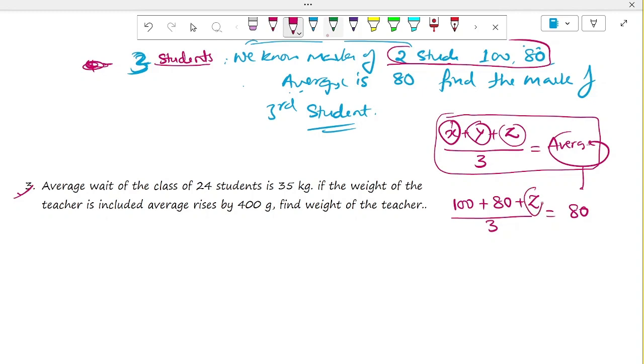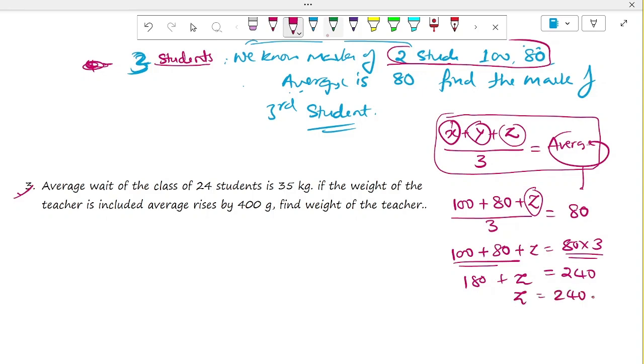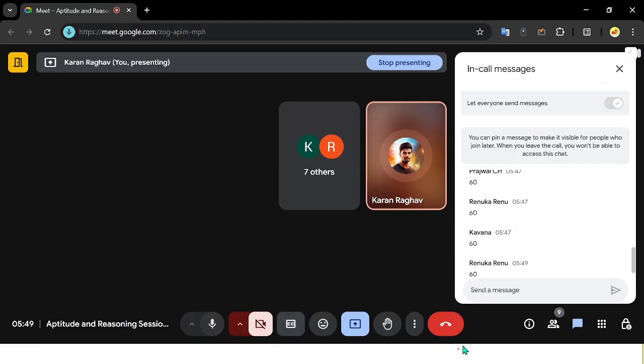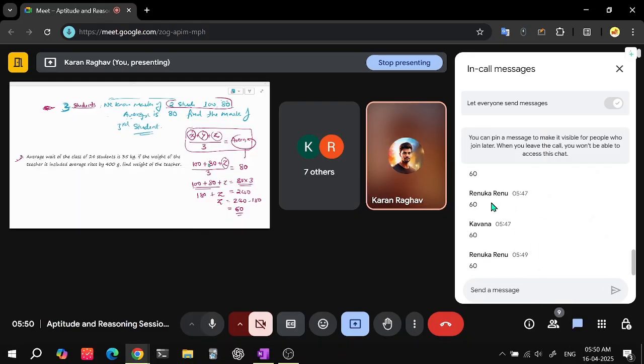So how will you find this Z? 100 plus 80 plus Z is equal to 80 into 3. So this becomes 180 plus Z, and 80 into 3 is how much? 240, and Z equal to 240 minus 180, that is equal to 60. So the answer is 60. As you have said, the answer is 60.